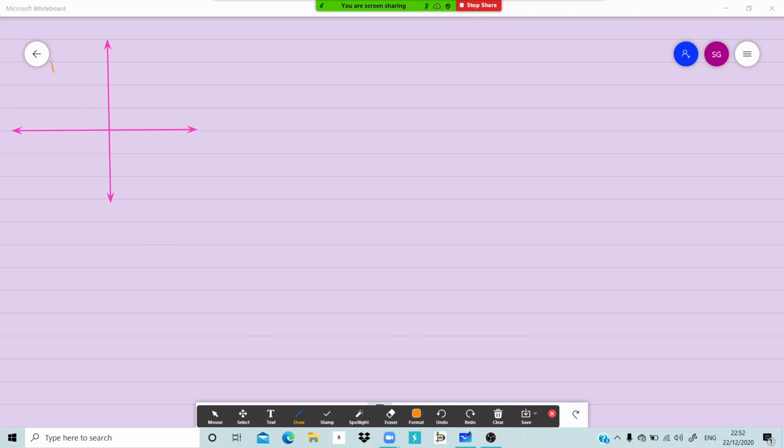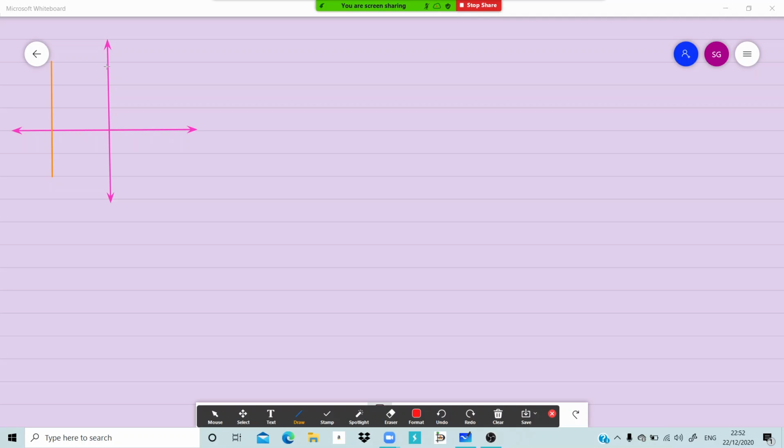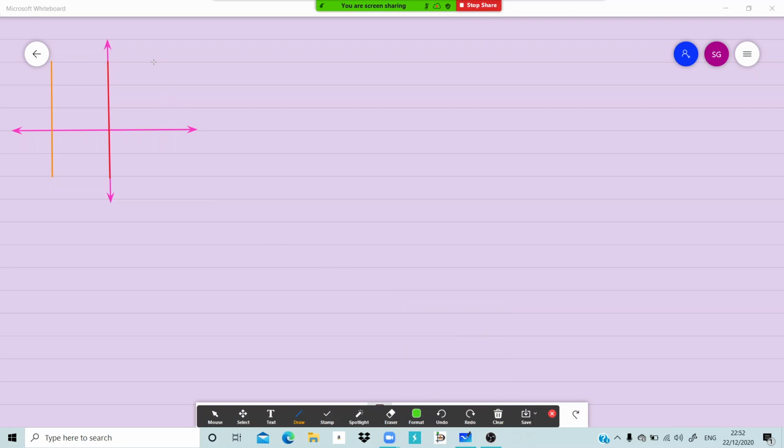So I'm talking about this line, then let's say this line, the red one, and the third one is this.